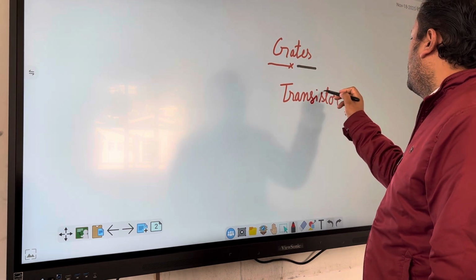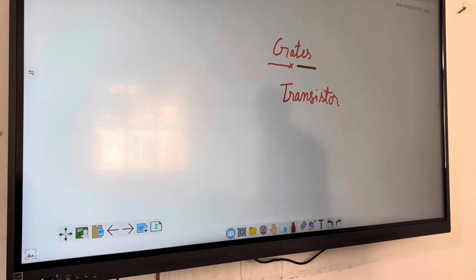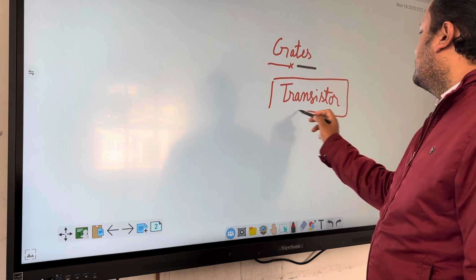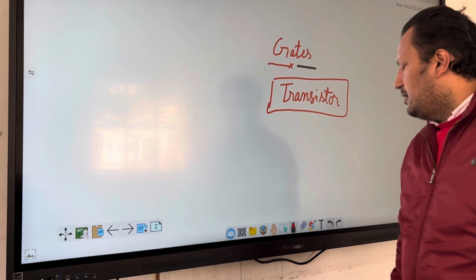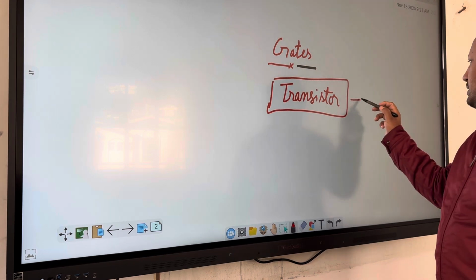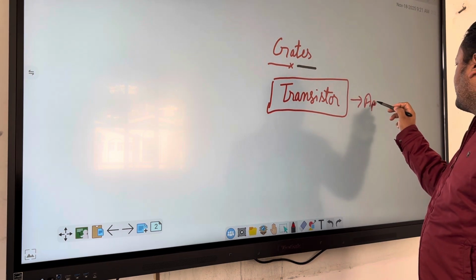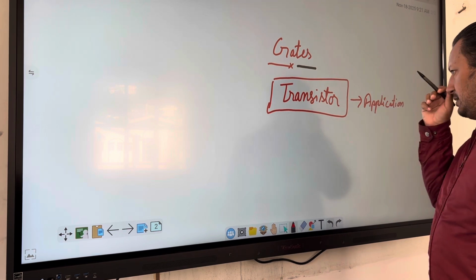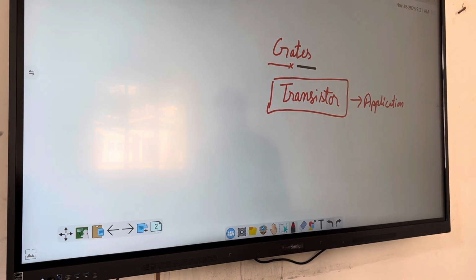So we will not go deep into the working of the transistor in detail, but we want to know the application part of the transistor. What is the application part of the transistor? That is more important for us.